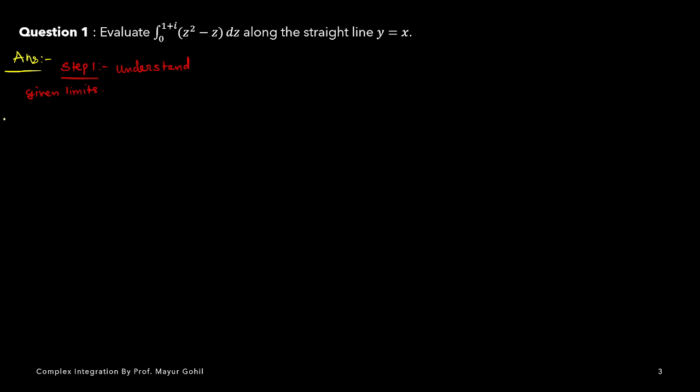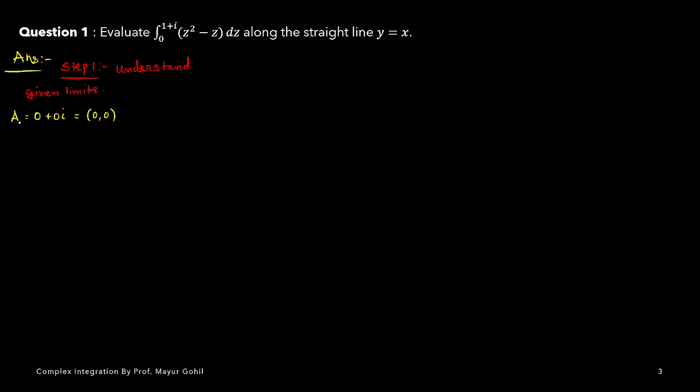The lower limit over here, let's say I call it point A, is the complex number 0, which is 0 plus 0i, and I can write this as 0 comma 0. Basically it's the origin.